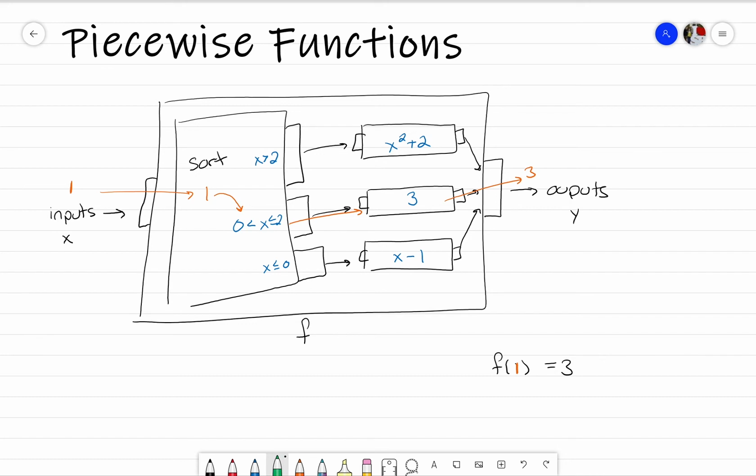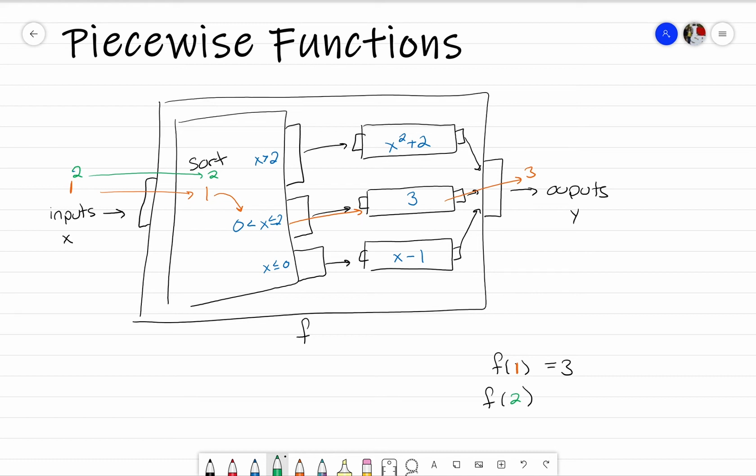Let's grab a different one. Let's say I want to do f of 2. And let's do that one in green, since I've already used blue for some stuff on the inside. So 2 goes into my sorting machine, and we figure out which bin it falls into.